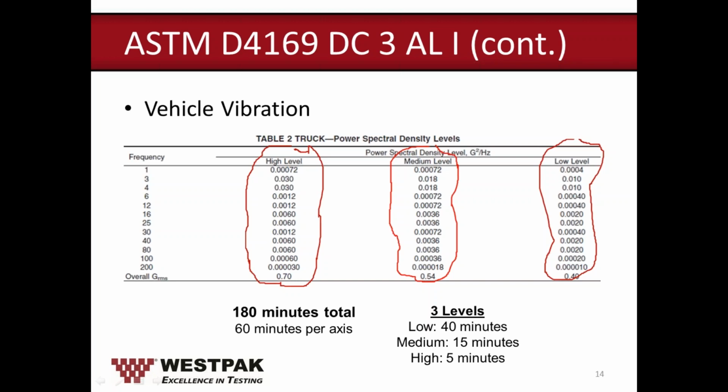After that, 15 minutes is tested at the medium level intensity, and then 5 minutes is at the high level intensity, for a total of 60 minutes for each axis.